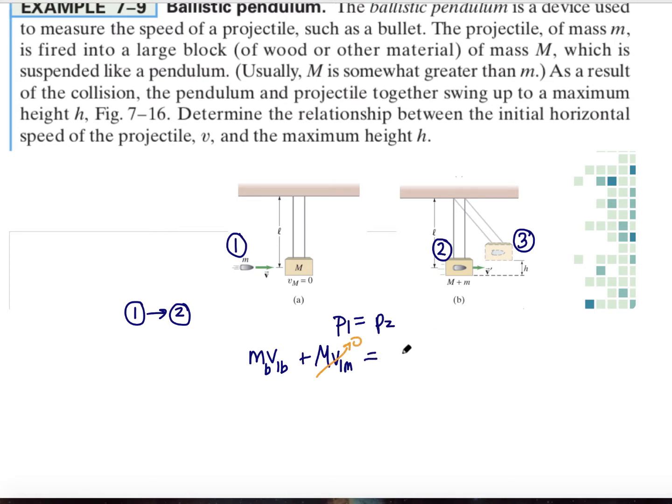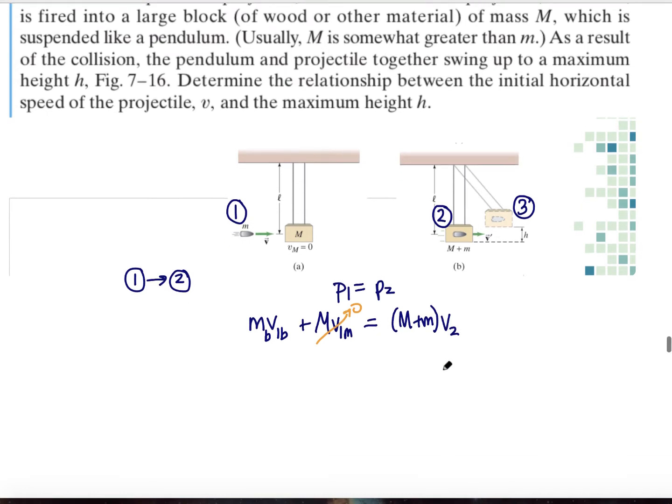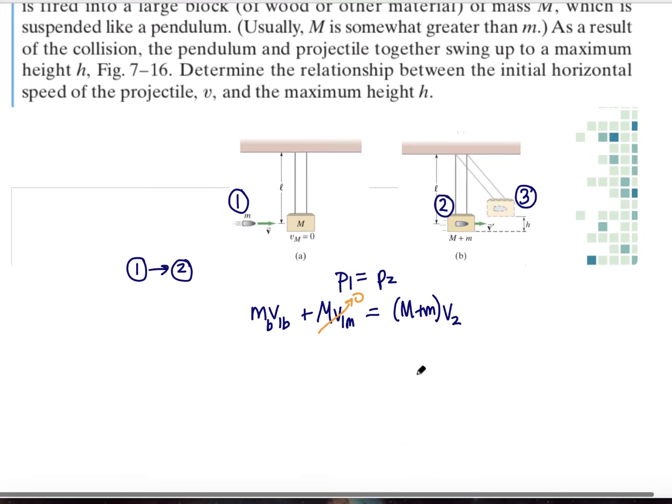That will be equal to both masses put together, because they stick together in an inelastic collision, times, we'll just say, V2. Since we're looking for the speed of the projectile, which is V1b, we're going to solve this for V1b.